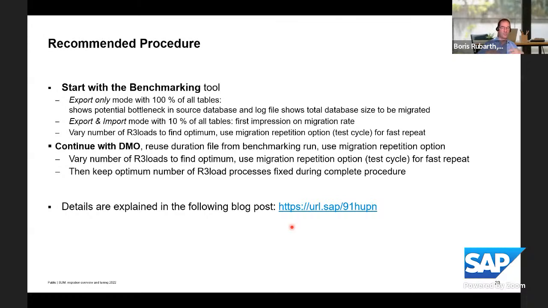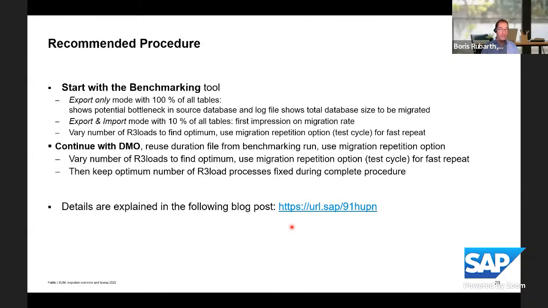Again, I tell you, tuning is important. You change the number of R3 loads even during the procedure until you find the best number of R3 loads. And then you have one run with the fixed number of R3 loads, because the tool will calculate the table split based on this number. And so that should be the same number that is used for the migration then.